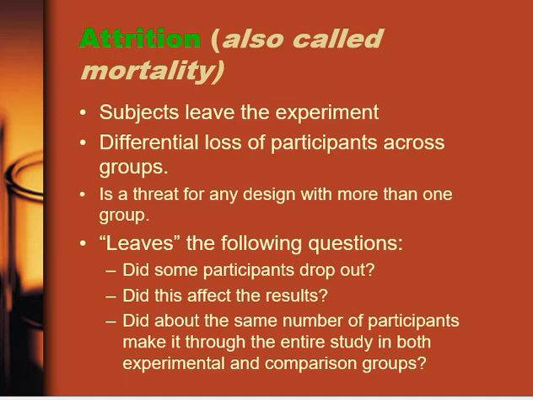So we really have to ask ourselves, how important is attrition in the study? You've got to look at how many people dropped out of the study. Did that actually affect the results? And did the same number of participants make it through the entire study in both experimental and control groups?